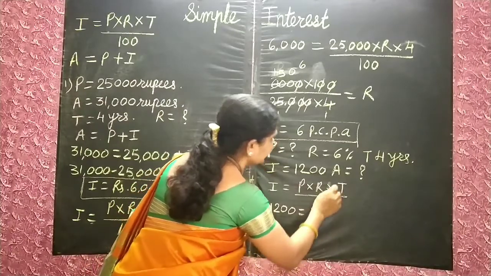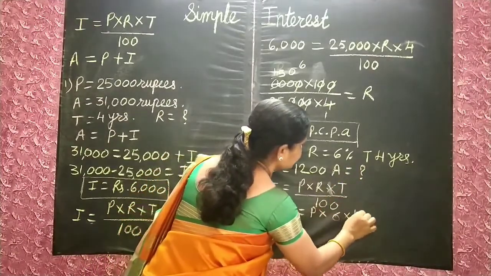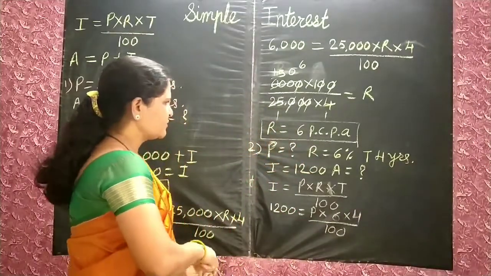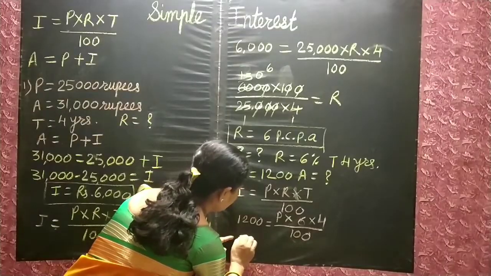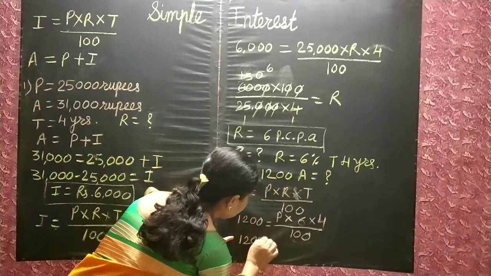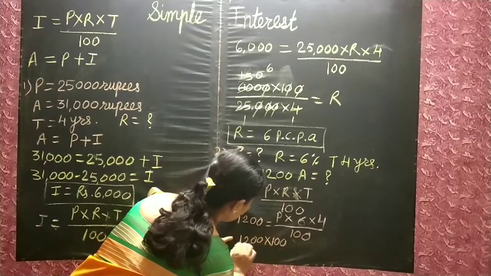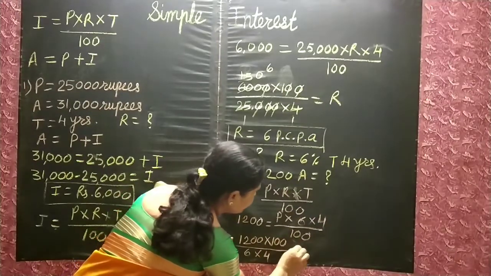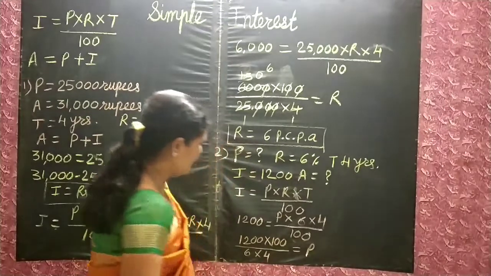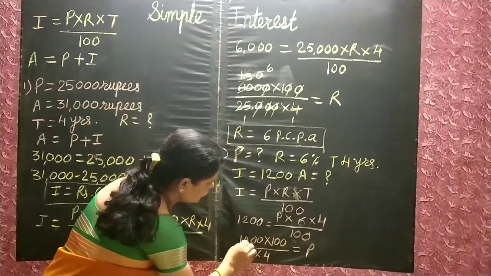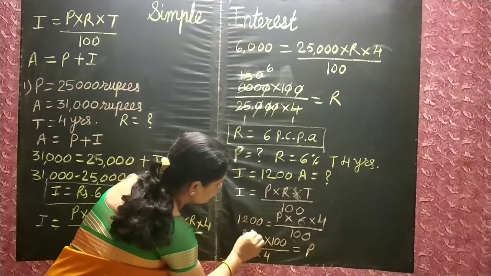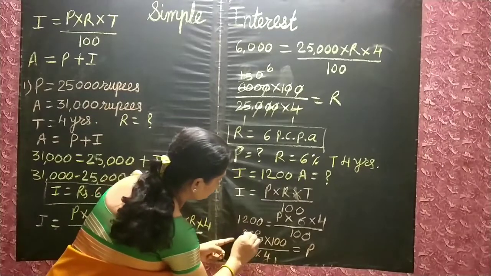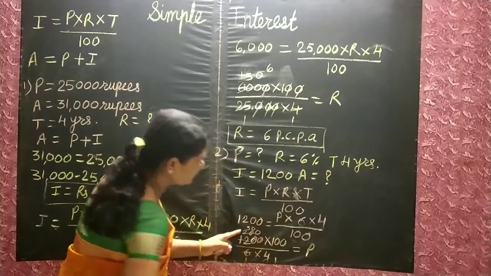Rate of interest is 6, time is 4. So P is equal to 1200 multiplied by 100 upon 6 multiplied by 4. 6 ones are 6, 6 twos are 12. 4 ones are 4, 4 fives are 20, 4 zeros 0.